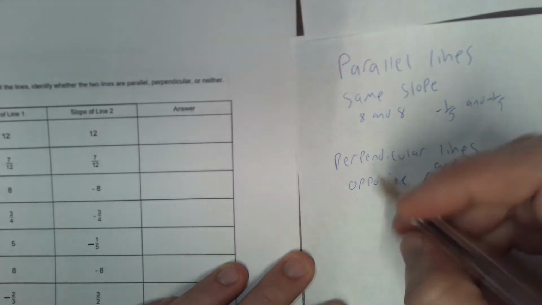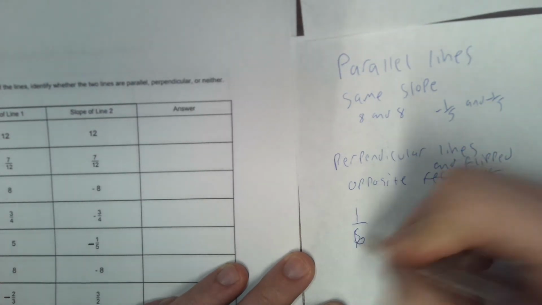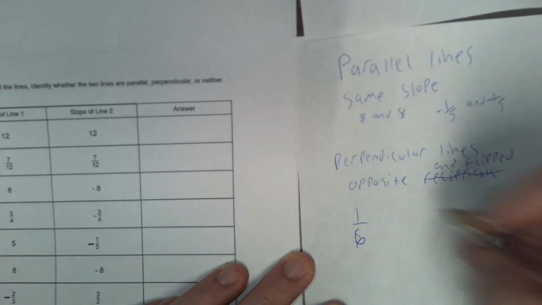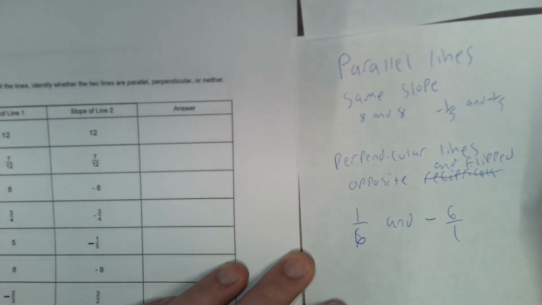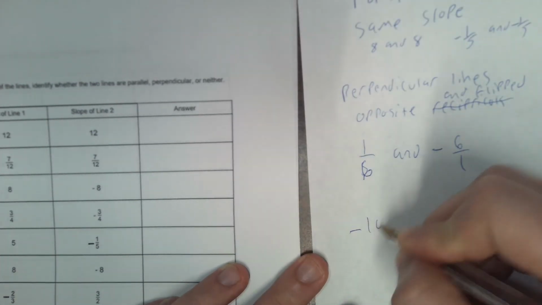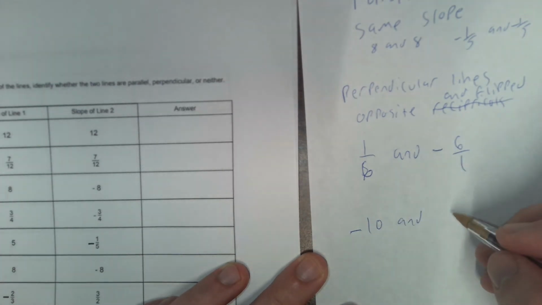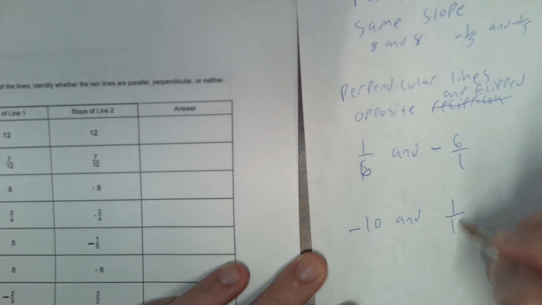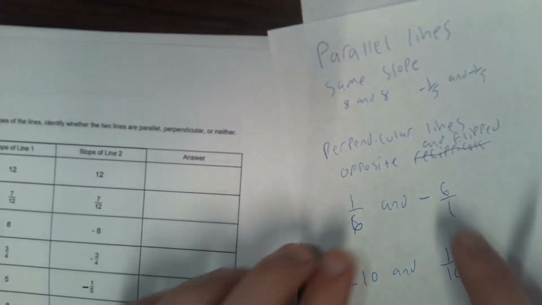So for perpendicular lines, we're going to have, say, 1/6 and opposite. So now it's negative 6 over 1, or negative 6. Let's say you had negative 10. Now it goes to positive 1 over 10. So they're different signs.